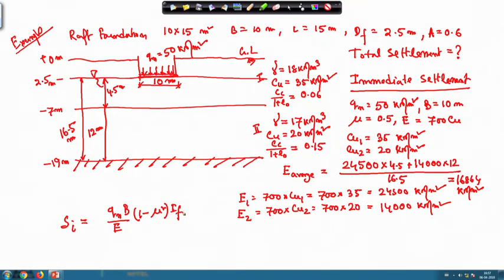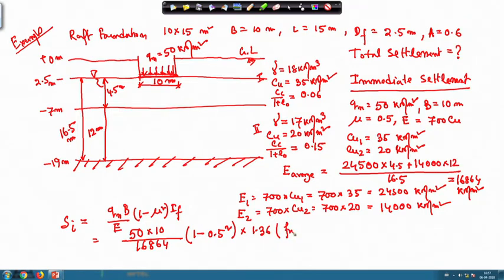So, the IF value for L by B: here Qn is 50, B is 10, the weighted average that we are taking is 16864, mu is taken as 1 minus 0.5 square, and the IF value is 1.36.